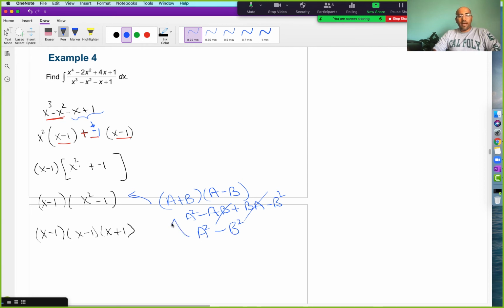So that when we want to go backwards, if we see that we have something squared minus something squared, we know that this is how it factors. Right? So here I have something squared minus 1 squared, something squared minus something squared, a difference of squares. That's how you can right away notice that this is how it factors. x minus 1 times x plus 1. Good. And now these 2 are identical. So I can, again, simplify this as x minus 1 squared times x plus 1.